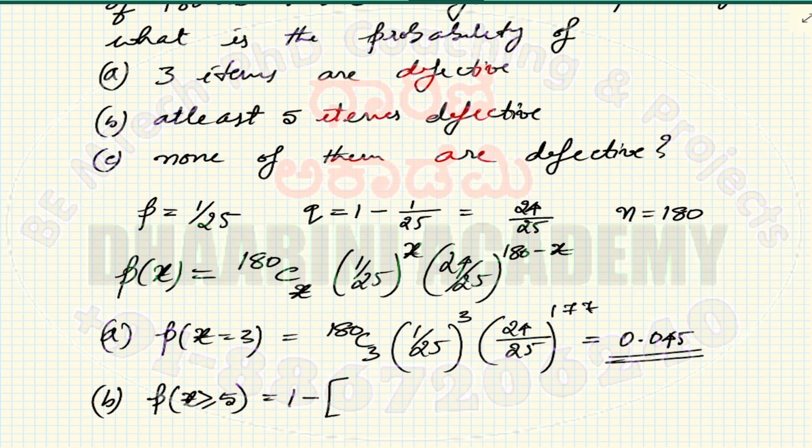First let me write the notation for this. This is 1 minus the probability that x is less than 5, or less than or equal to 4. Anything is fine.